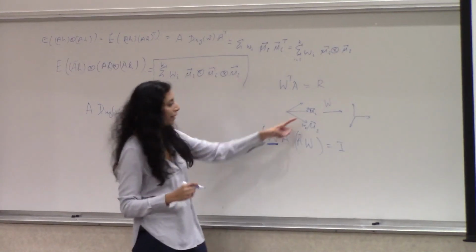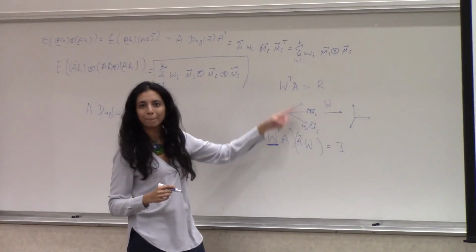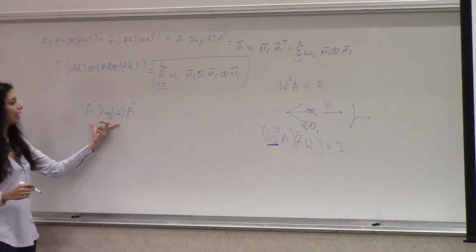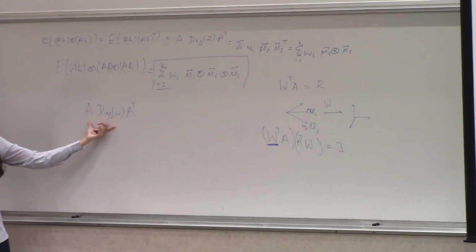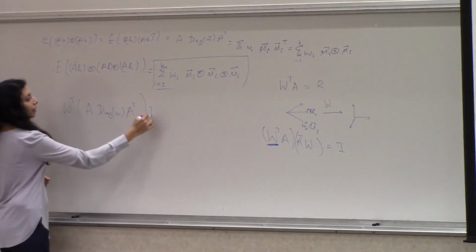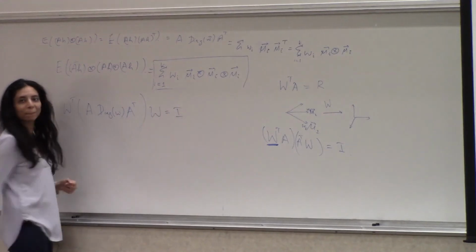Even if I can recover each one of them here, that's still okay. And so we'll use that to find the whitening transform, meaning give me a W such that this is identity.